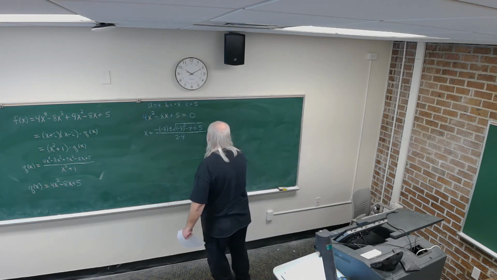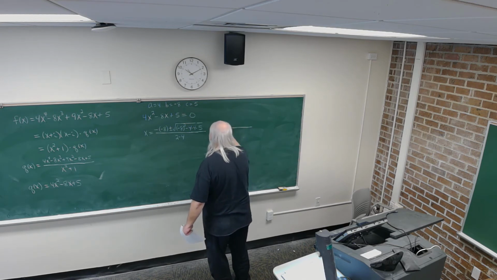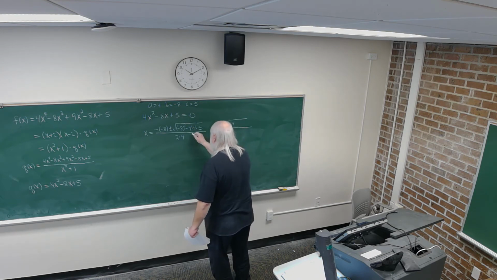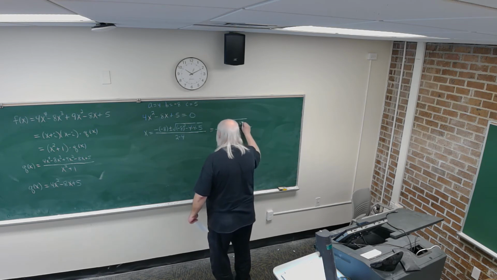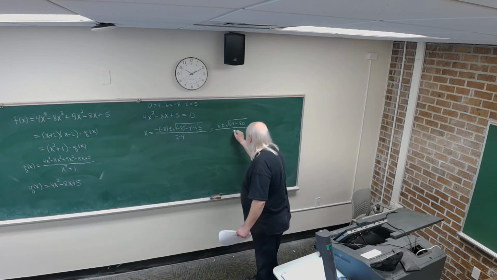Well, negative of negative 8 is plus 8. Negative 8 squared is 64. And minus 4 times 4 times 5 is minus 80. All divided by 8.